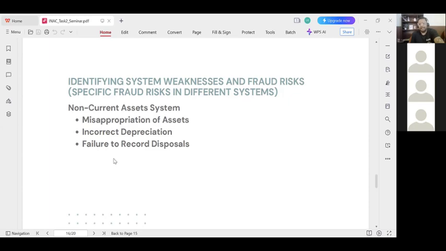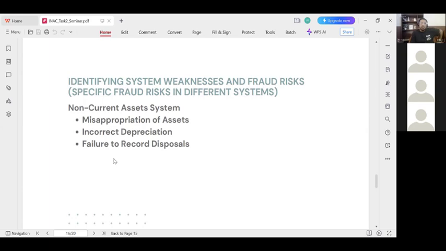And then we have failure to record disposals, which means a sold machine is still listed as an asset. So you have a machinery, you sold it, but you're still keeping it in your financial statements, in your non-current assets, right?